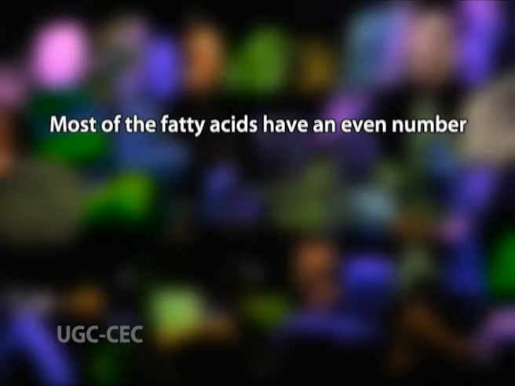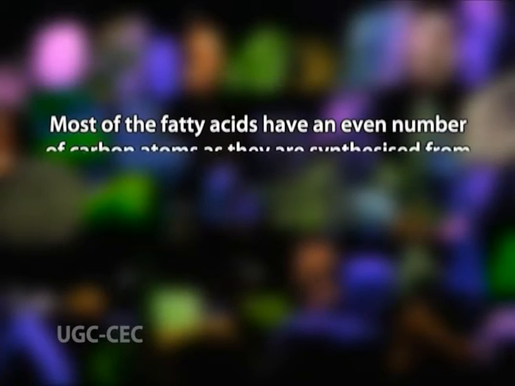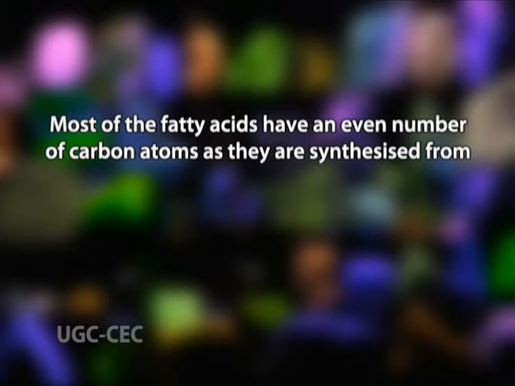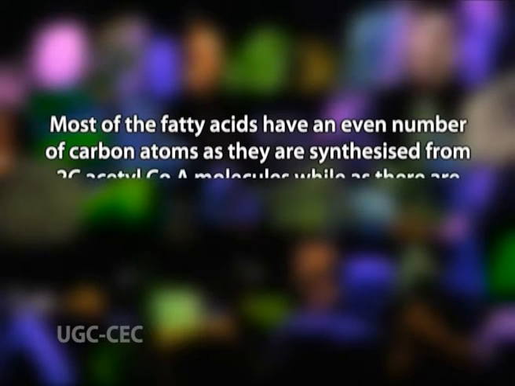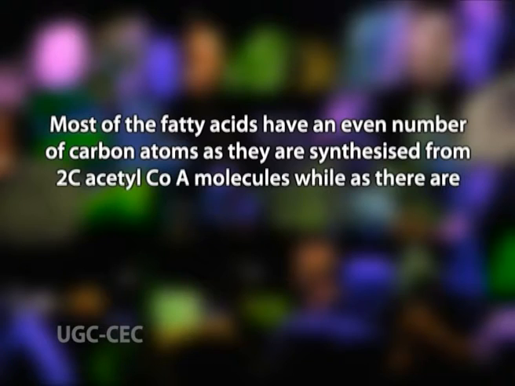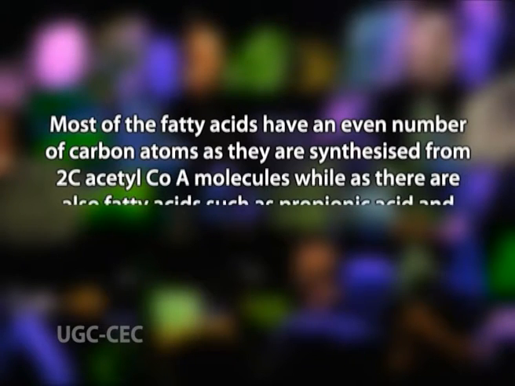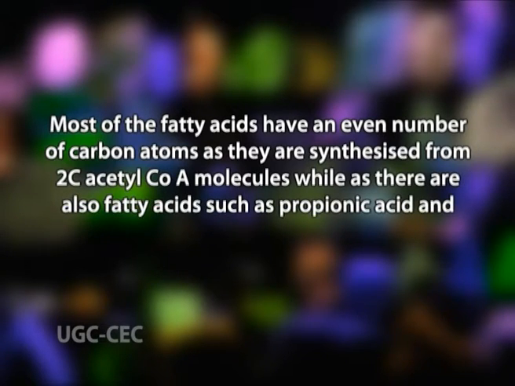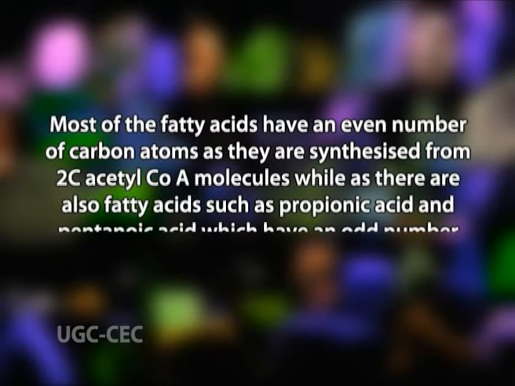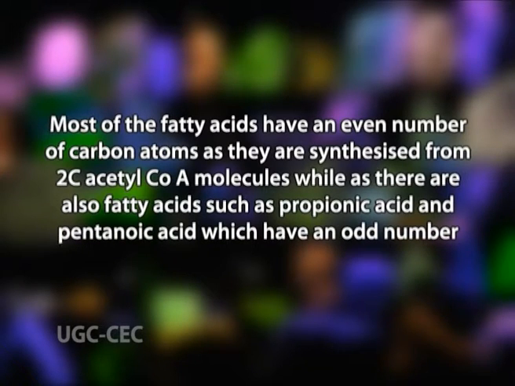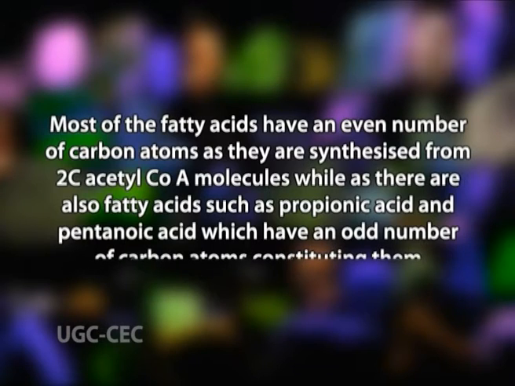Most of the fatty acids have an even number of carbon atoms as they are synthesized from 2 carbon acetyl coenzyme A molecules, while there are also fatty acids such as propionic acid and pentanoic acid which have an odd number of carbon atoms constituting them.